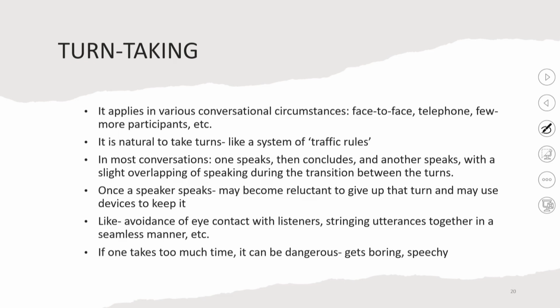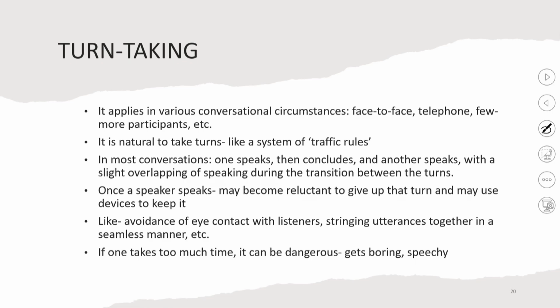Turn taking. Now we are looking at the bigger picture. Both the adjacency pair and the chain system and the feedback, they all are part of the turn taking system in a conversation setup. Whether it is face to face, telephone or text, there is a turn. One person starts speaking, completes, and then another person speaks. Again, this is culture specific.